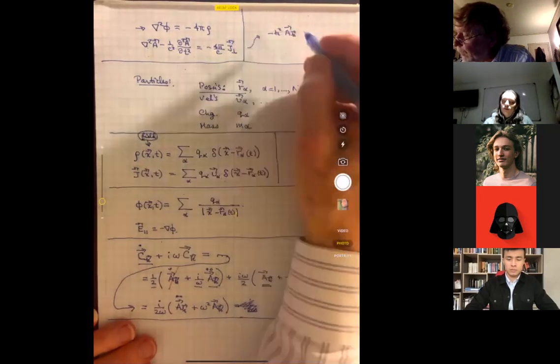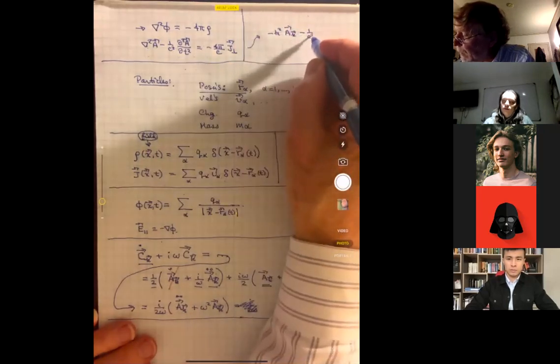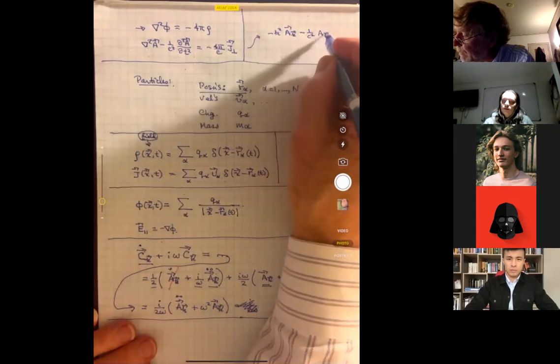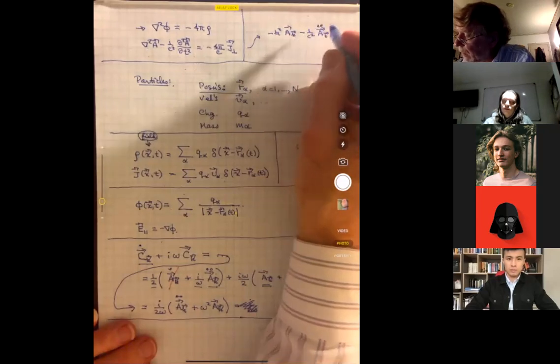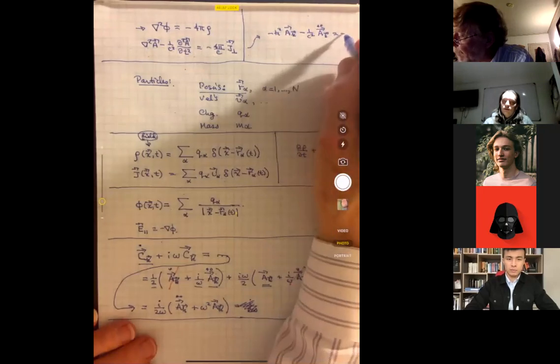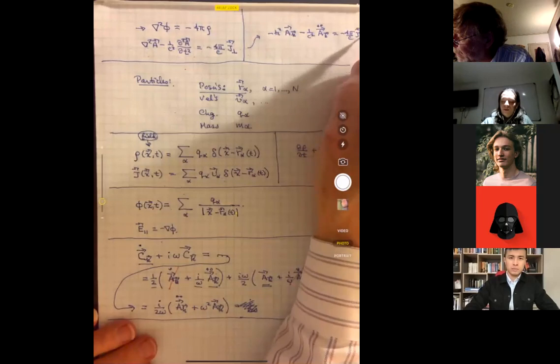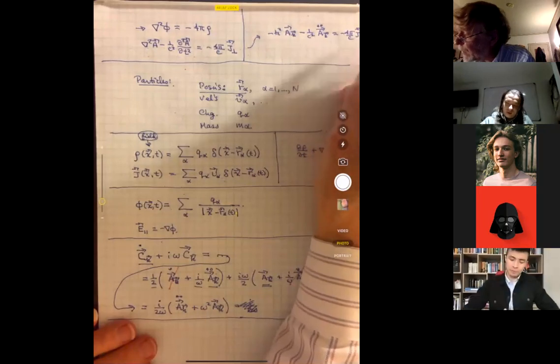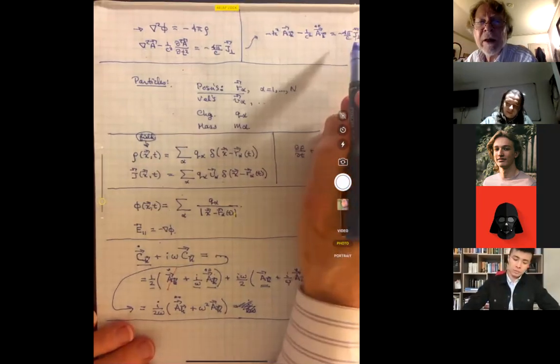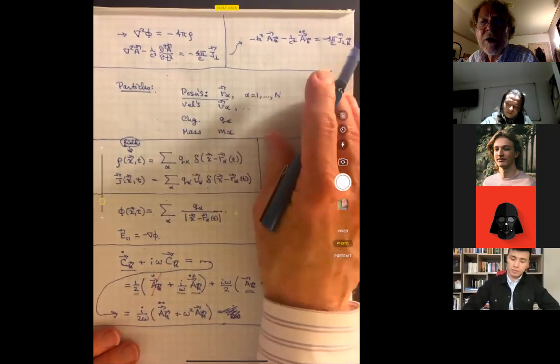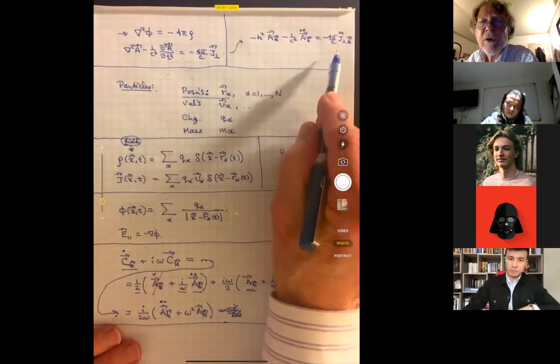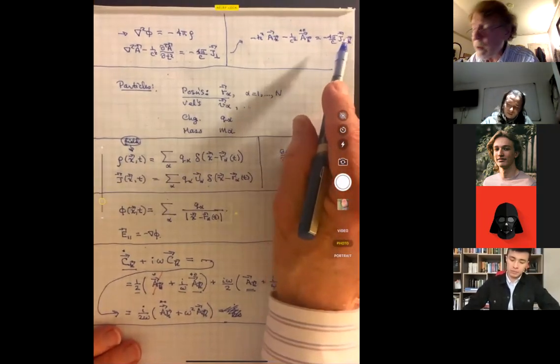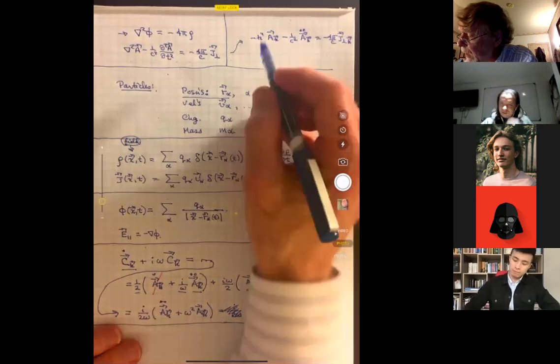The second term gives me minus 1 over c squared times A sub k double dot. And the right-hand side gives me minus 4 pi over c times j transverse sub k. That's just the Fourier coefficient in the Fourier series for j transverse.